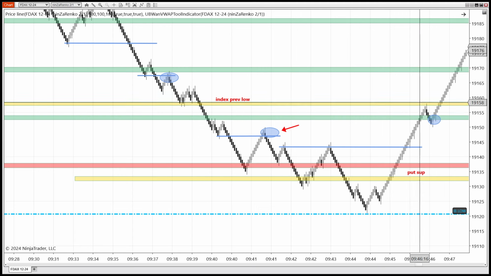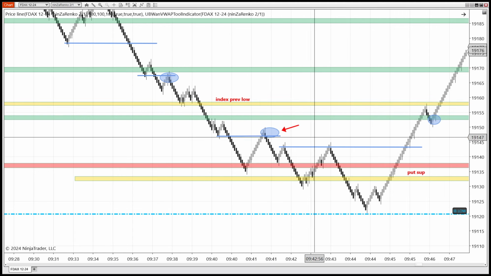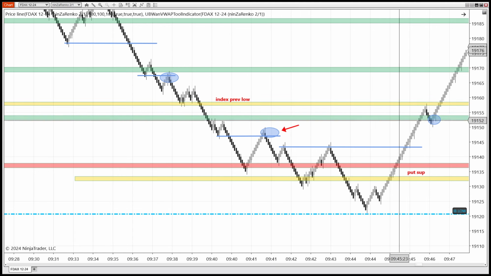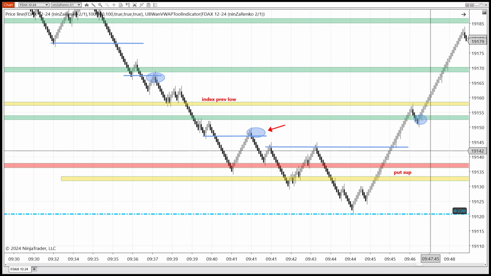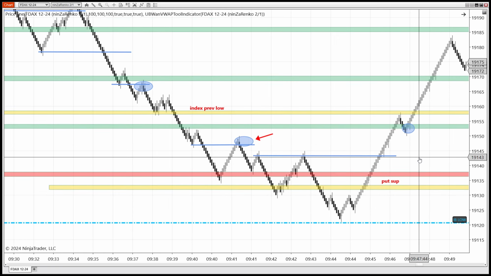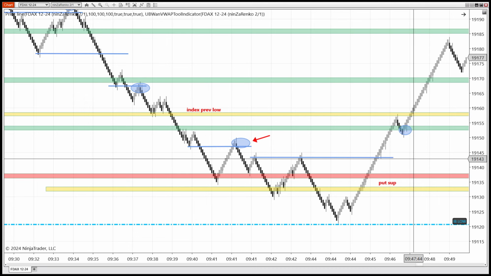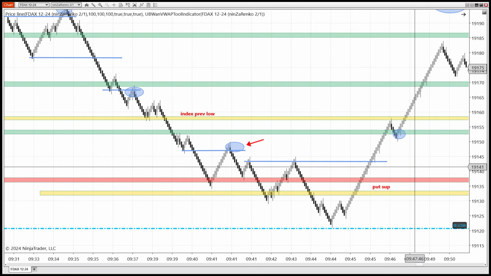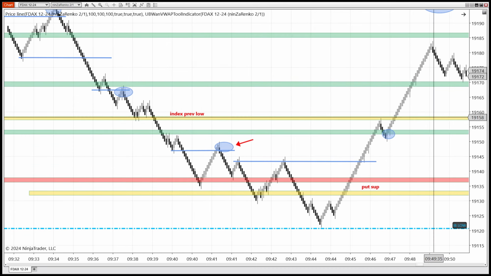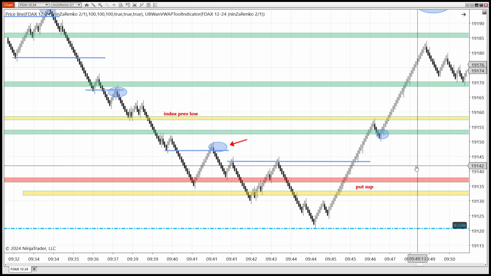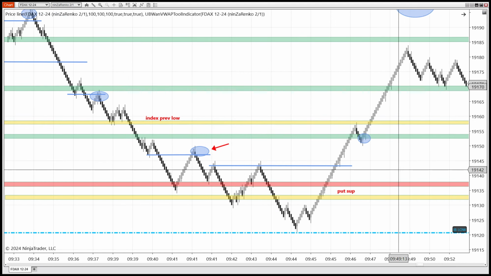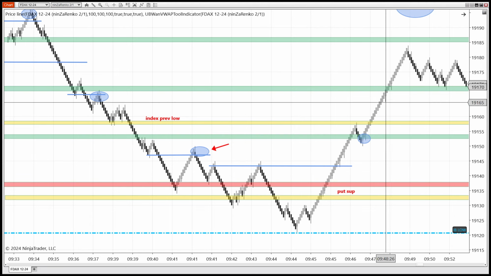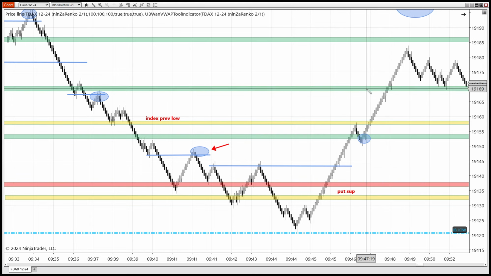You see price moving up, going past all these highs. So the structure is changing. I call this microstructure because on a bigger picture, we really like to see price breaking above 1 or 2 gamma zones to really call a structure change. So this is microstructure.